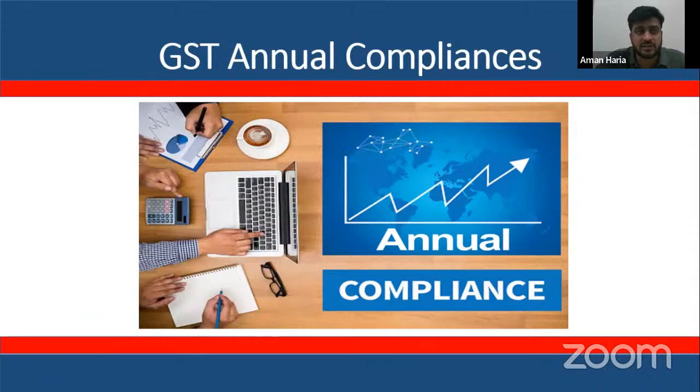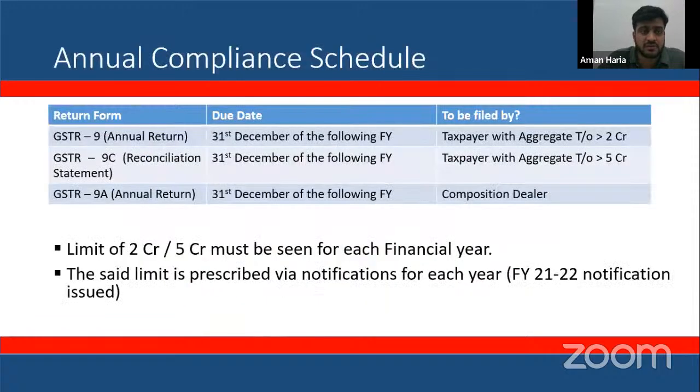The next topic we will take is the annual compliances. The first one we will discuss is the GSTR 9 annual return, which is expected to be filed by every taxpayer whose aggregate turnover is greater than 2 crores. For 9C, the limit is a little higher, that is 5 crores.